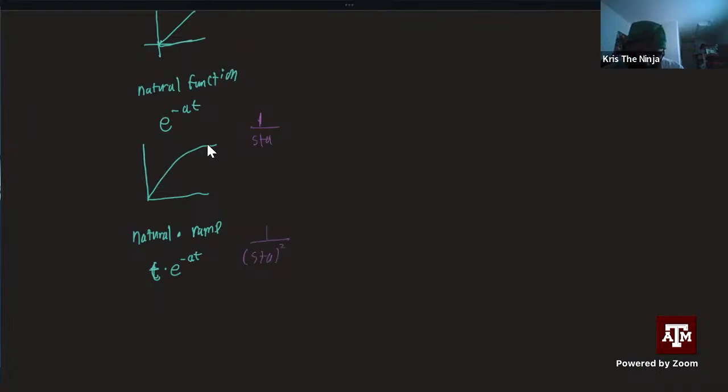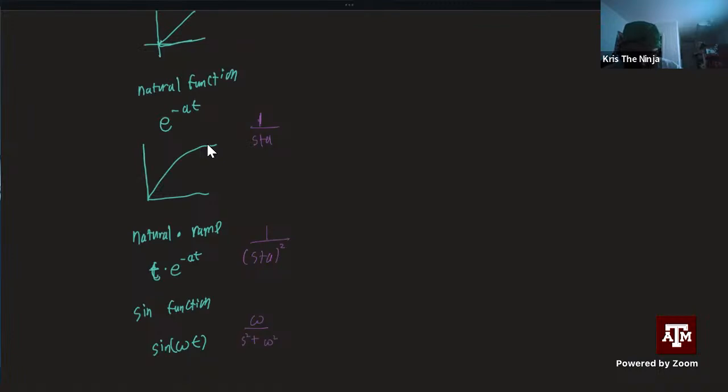With a sine function, that Laplace transform is omega over s squared plus omega squared.